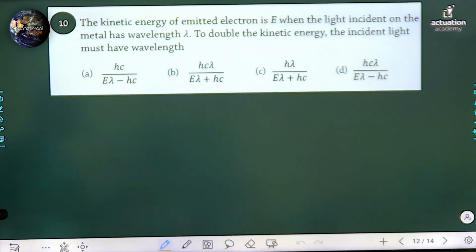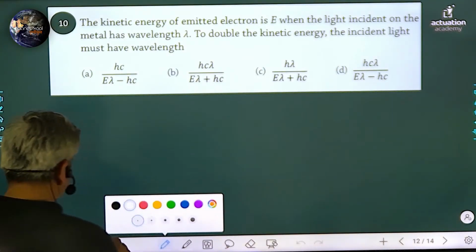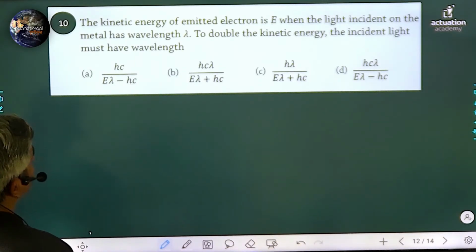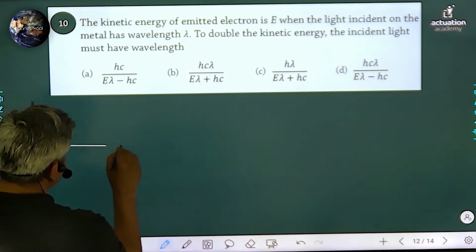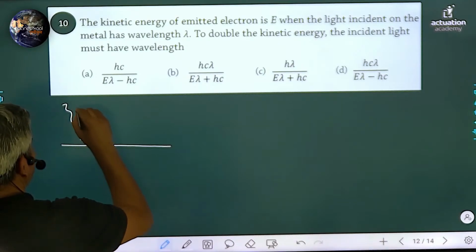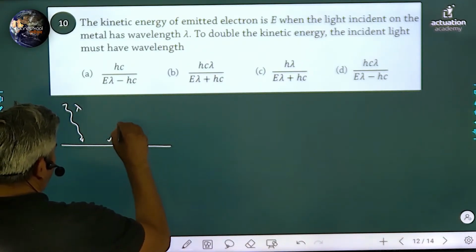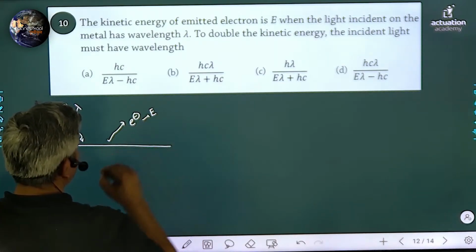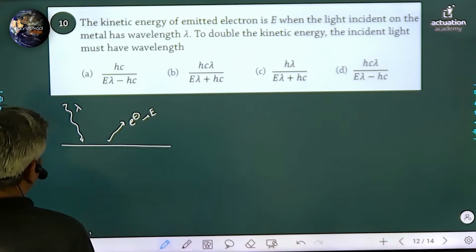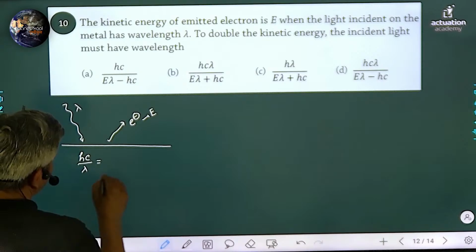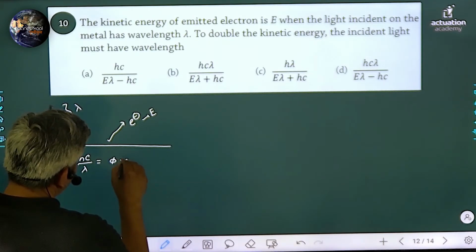To double the kinetic energy, the incident light must have wavelength... Okay, now the kinetic energy of the electron is E. Let's say this is the photosurface, the light is incident on this and has wavelength lambda, and the electron which is emitted here has kinetic energy E. So we can write down hc by lambda is equal to phi plus E.